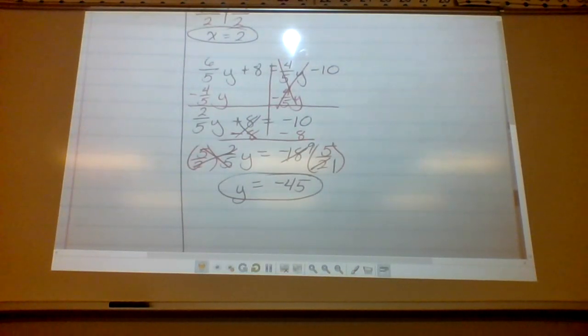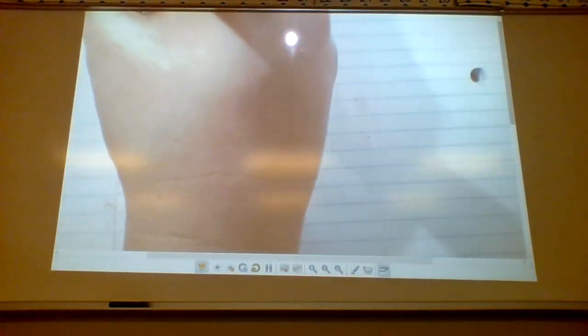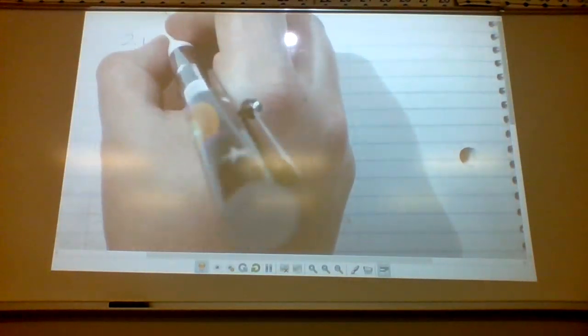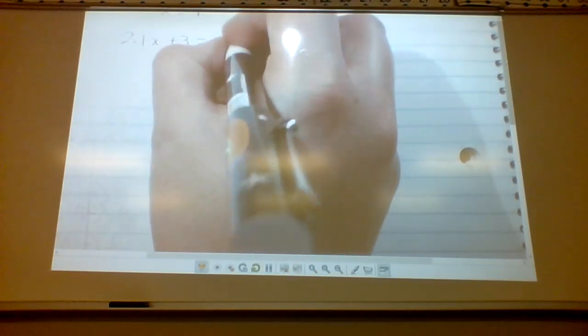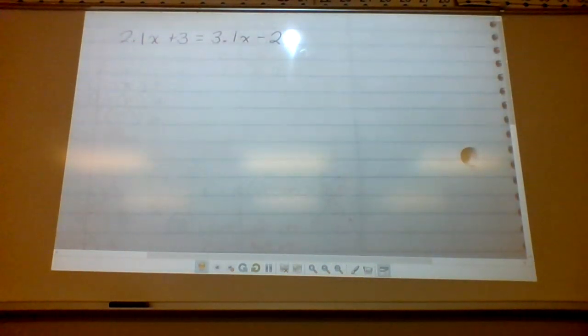That's like, lots of it uses all the same numbers. That's fine. Two point one x plus 3 equals 3.1x minus 2. Solve it and check it.